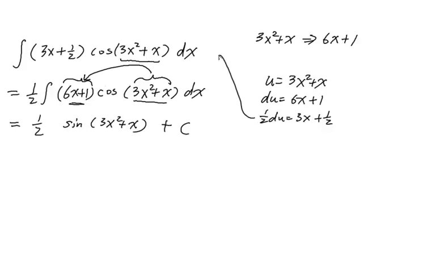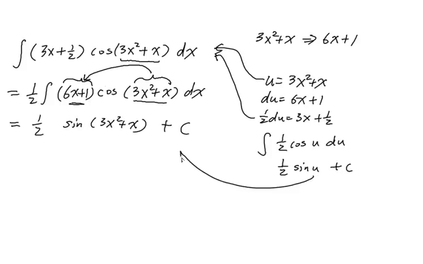So using this to substitute, what you're going to get is 1/2 cosine u du. So 1/2 sine u plus c. And then you substitute the u back, which will get you that.